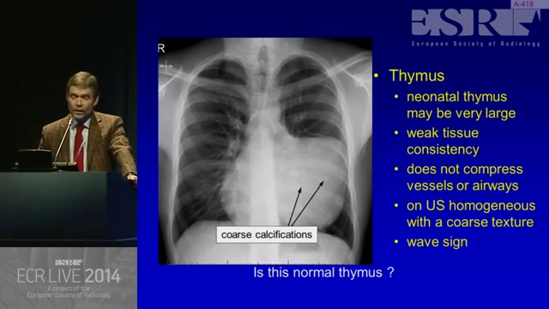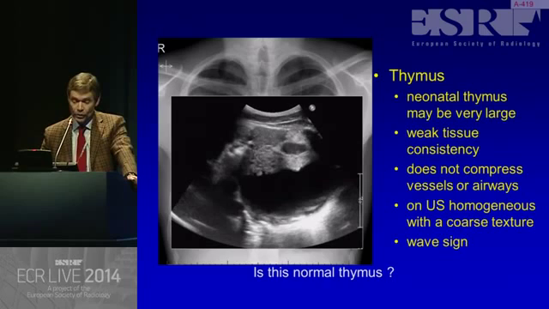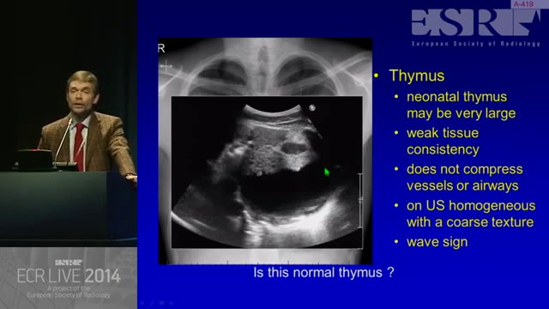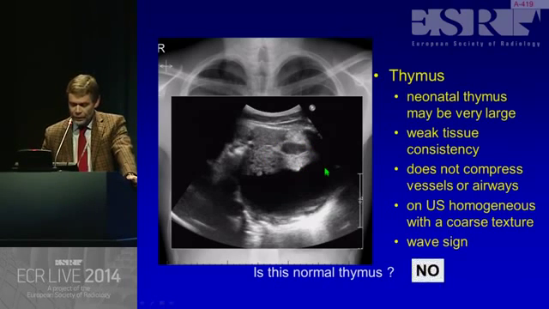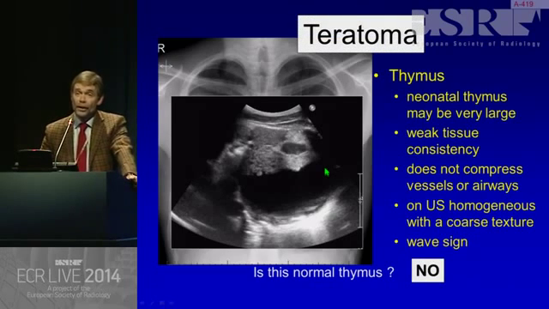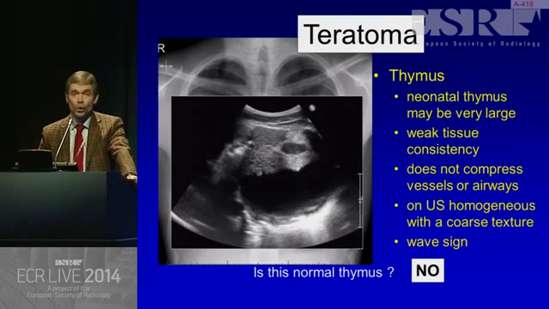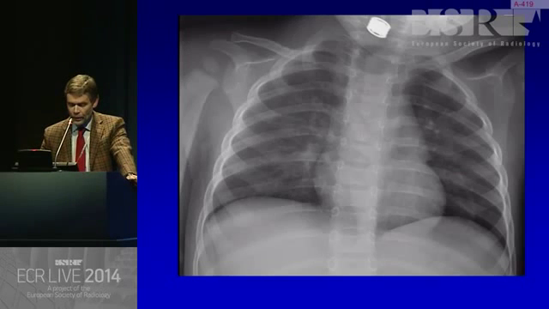So in this case, of course, we proceed to further investigation, for instance, ultrasonography, and then we see a lesion like this, consisting of different tissue components, and this turned out to be a mature teratoma. So this was a disease simulating a normal variant. So no, this was not a normal thymus. So you should always play between normal variant and pathology.